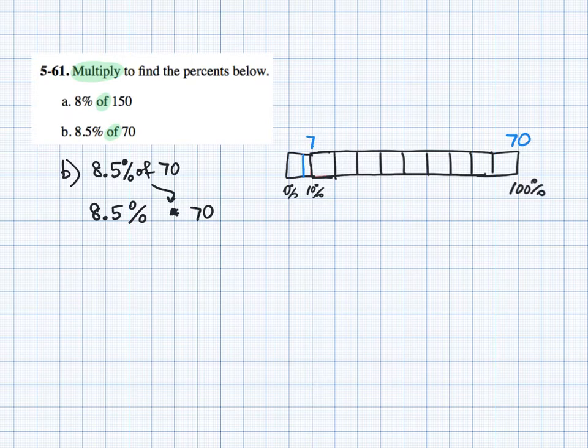Now remember how I said there are two different ways. 8.5% means divided by 100 times 70 over 1. That's one way. Or change the 8.5% to a decimal. Think of 8% as 8 cents.